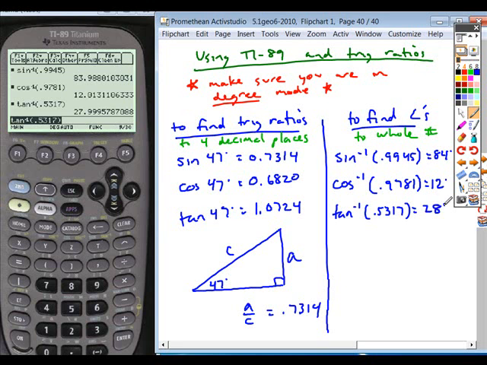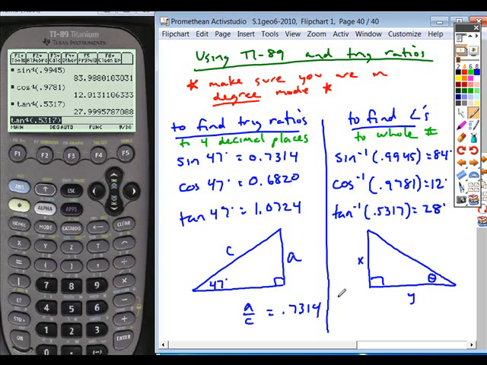So again, what this is identifying is, it's saying that if you have a right triangle, and let's say here's side x and side y, and let's say this is the angle theta.